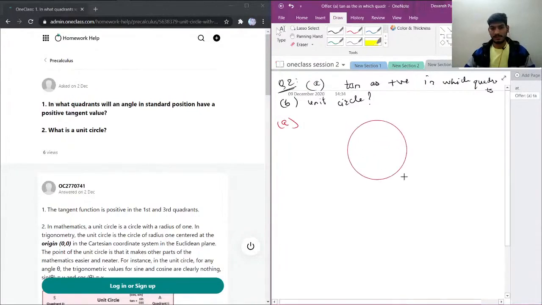Let's draw a unit circle, and I'll just manually draw the axis. Let's say this is x-axis, this is y-axis.